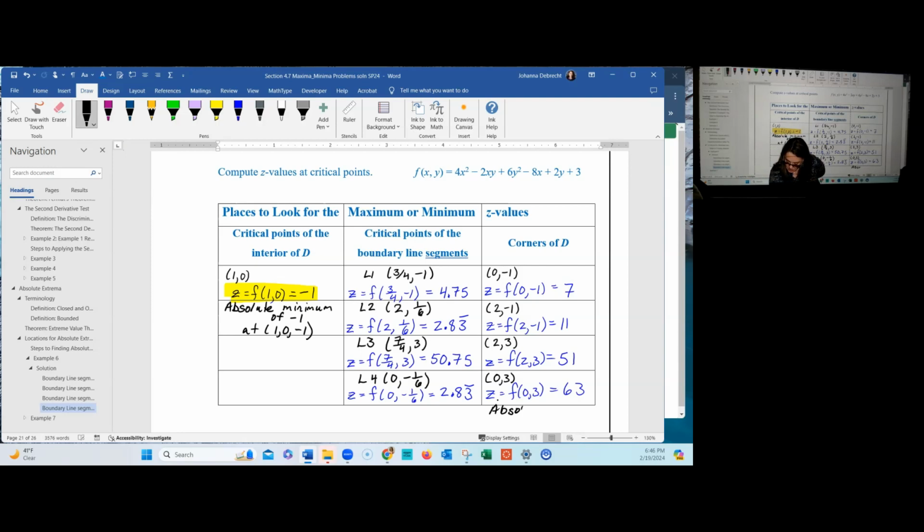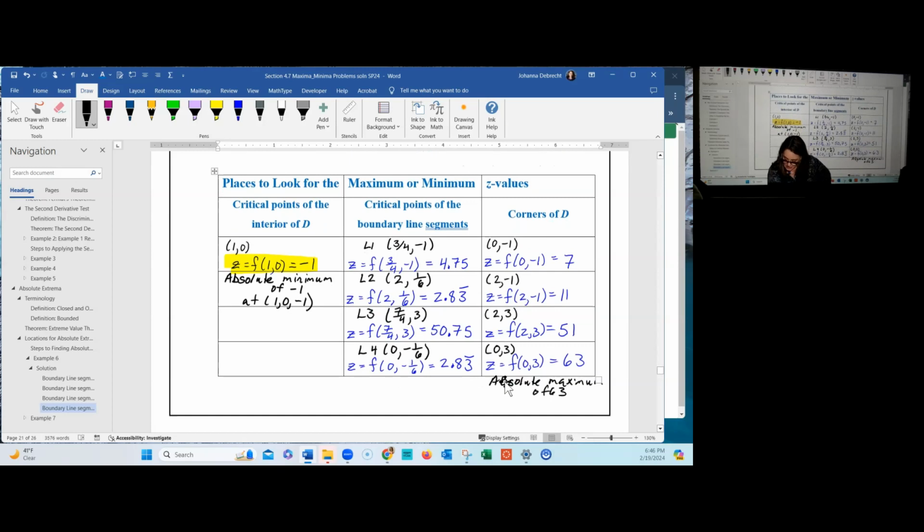So we have an absolute maximum of 63, and it occurs at the point, and I need to scroll up a little bit so we can see all of it, at the ordered triple 0, 3, 63. That value you're getting is the z value. Let's now take a look at this particular surface on CalcPlot 3D and see if our solutions make any sense.